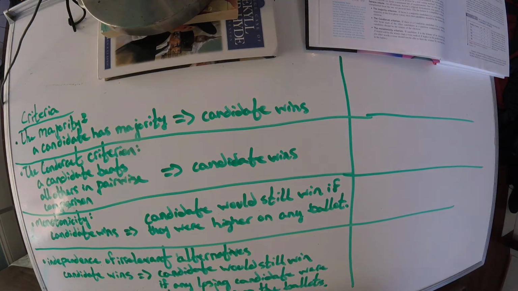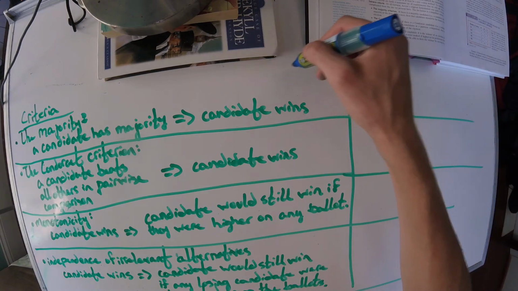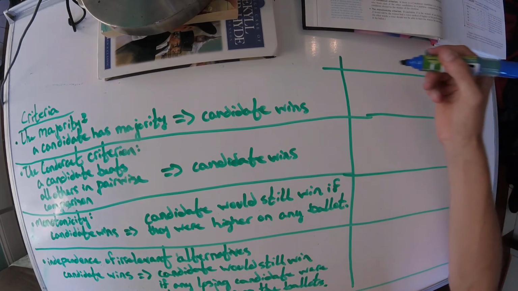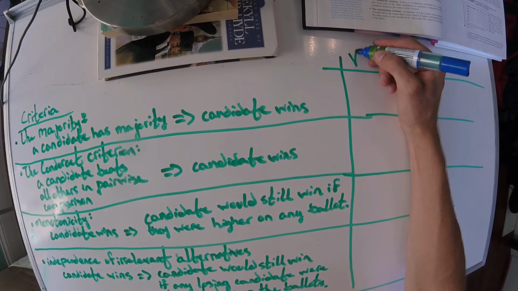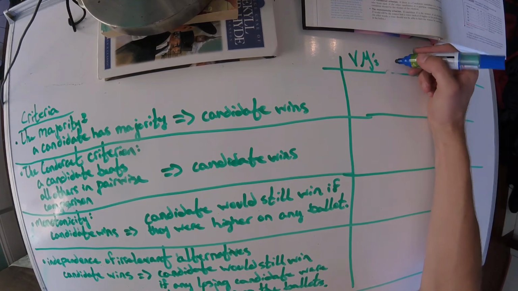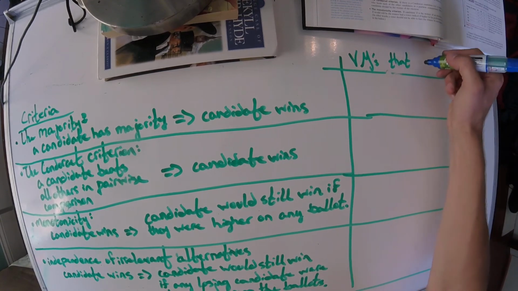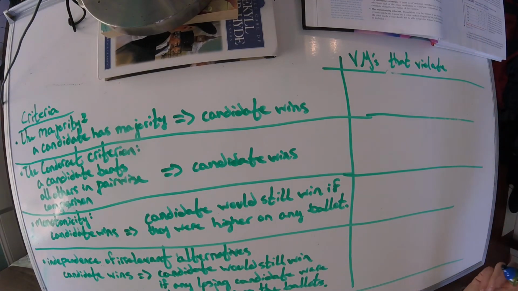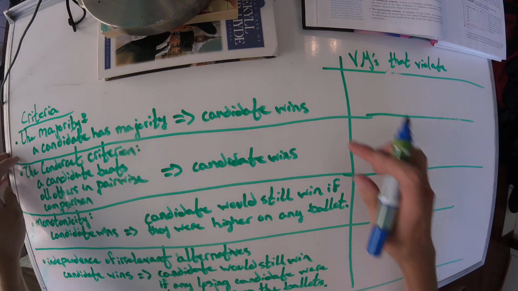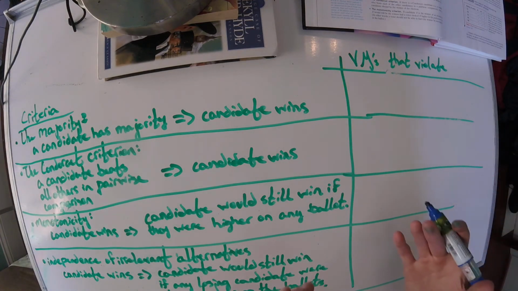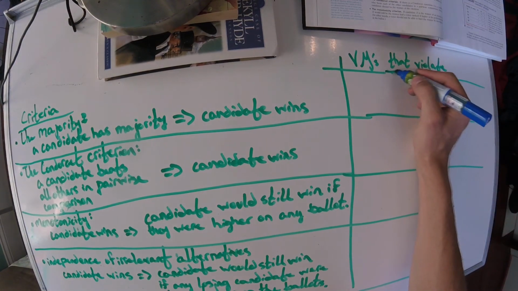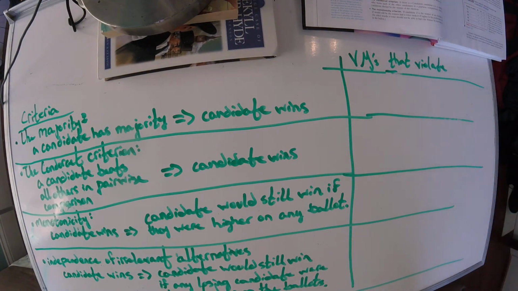And this column will be for voting methods that violate the criteria. And you can look in the book, you can get it on reserve in the library, or have an old edition or whatever. The book has examples, counterexamples that show all of this.